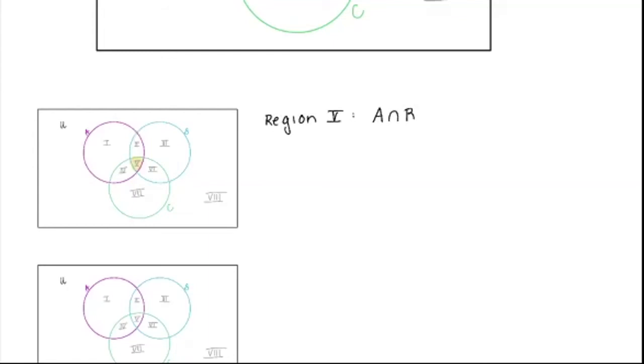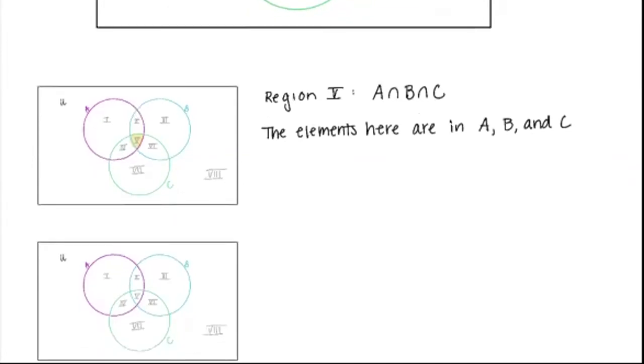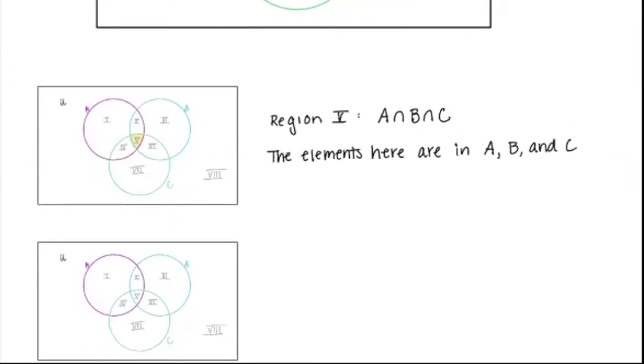So it's set A intersected with set B, intersected with set C. So the elements here are in A, B, and C. So it's in every single set. Okay. So that one's not too bad to write in terms of the sets.